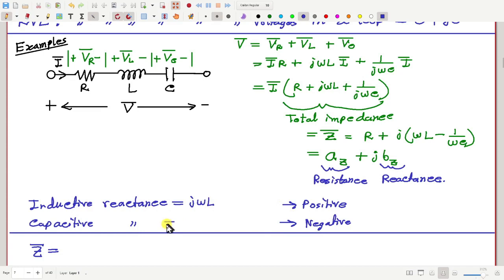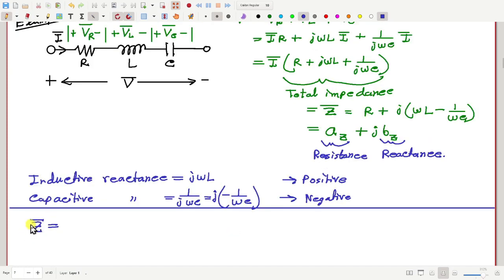But if we consider a capacitance, then that is 1 by j omega C, which is equal to minus j by omega C. Let me write j outside. Then this minus 1 by omega C part is negative. Okay, sir, got it.